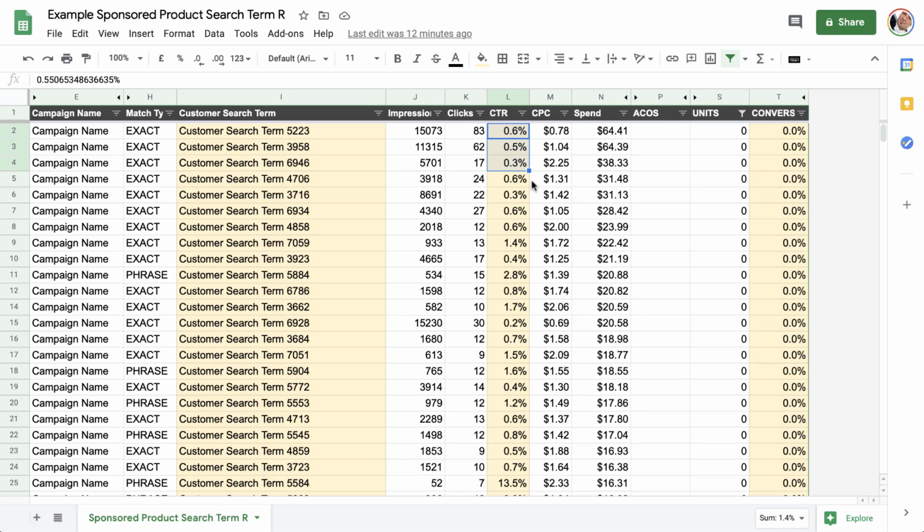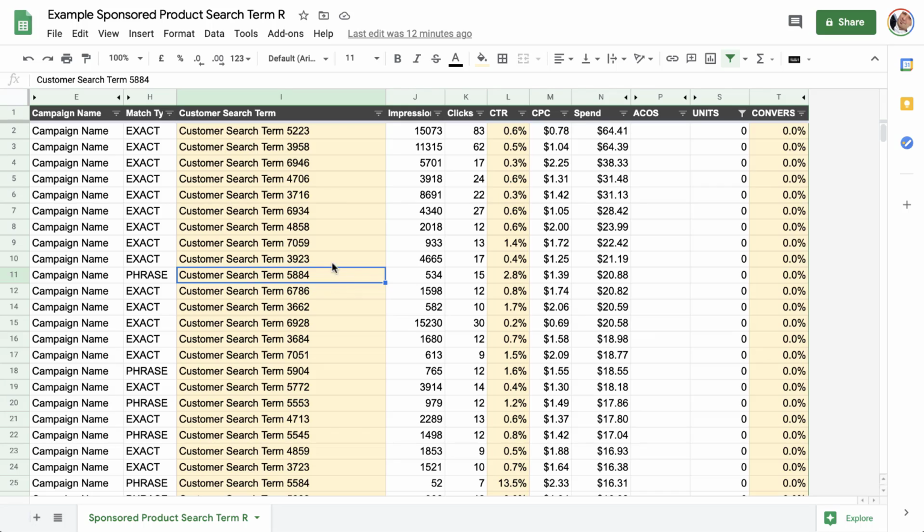If click-through rate is below 0.5% and you keep buying these clicks, people don't even like clicking your product there. Then what's the point of spending money on a place where people don't think you are relevant? Why do you advertise there?